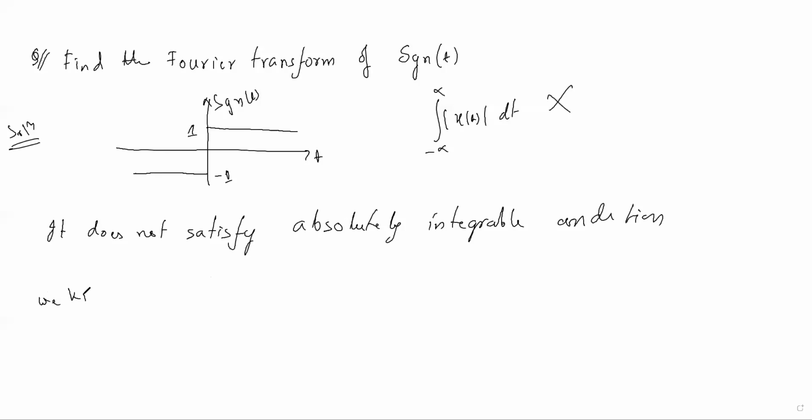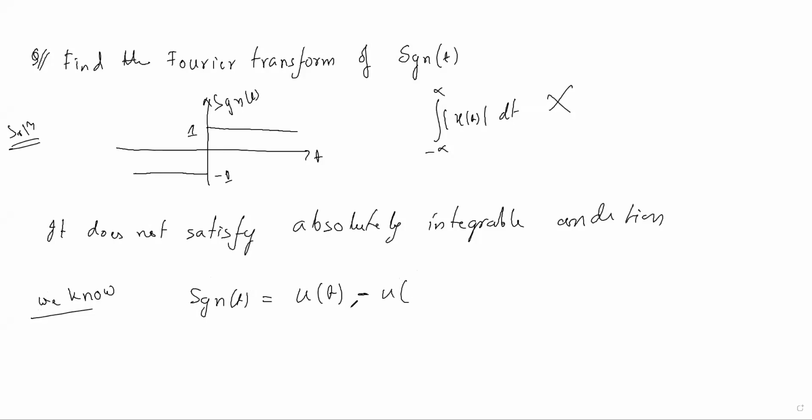So how can we solve that? Taking the limit condition, we know that sgn(t) equals u(t) minus u(-t). I gave this formula when I explained the elementary signum function.